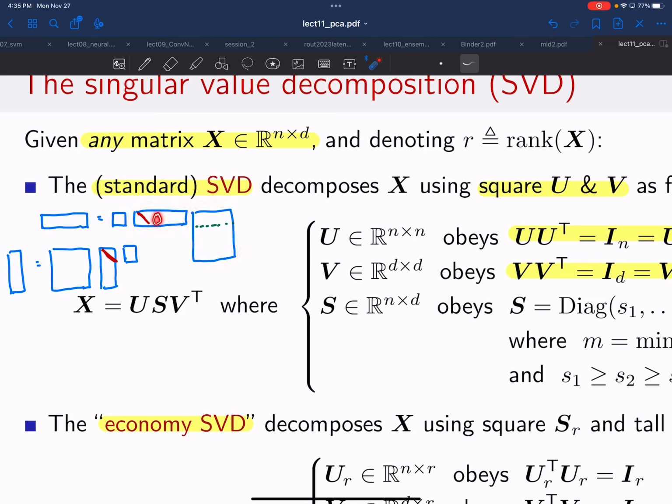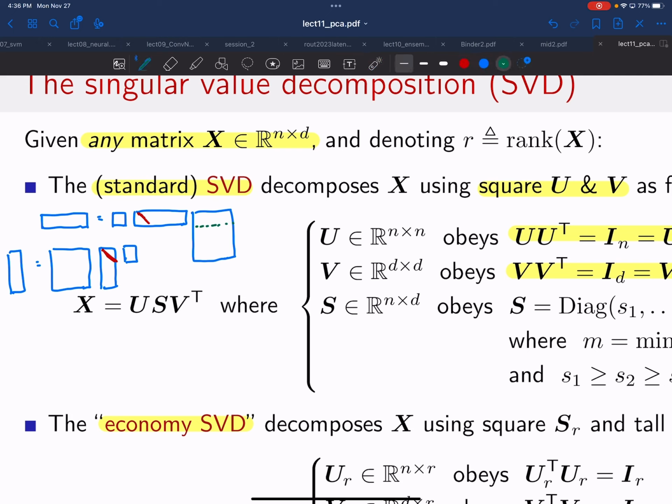Because of all these zeros here, the coefficients on that part of this matrix are irrelevant. All those zeros here will multiply those and cancel whatever's there. So basically, these coefficients are never directly used in the decomposition. You don't actually need them.